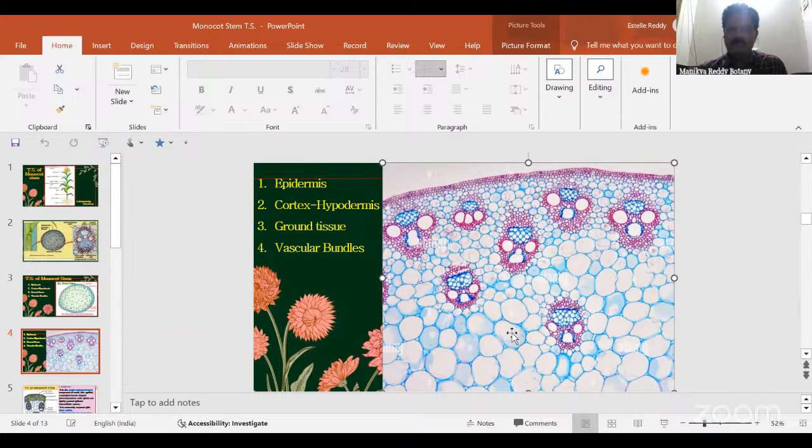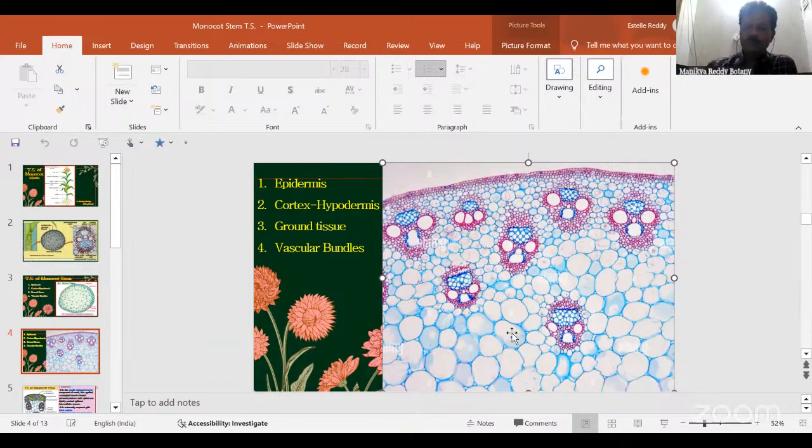And in each vascular bundle, you can see few xylem vessels and few phloem elements, which are side by side, which are together, and without vascular cambium. Hence, each vascular bundle is described as conjoint, collateral, closed type of vascular bundles.